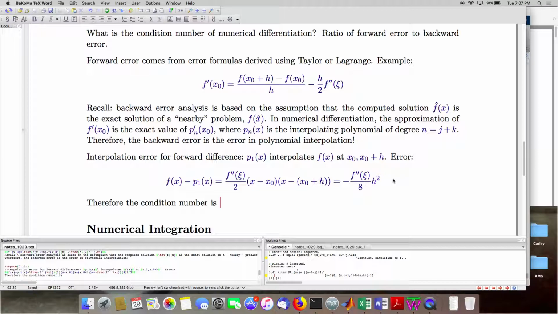Yeah, it's 4 over h. Now, that's actually pretty bad, because h is supposed to be small. So this problem is ill-conditioned for small h.